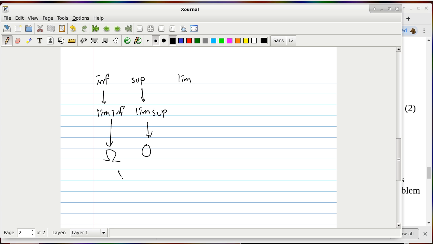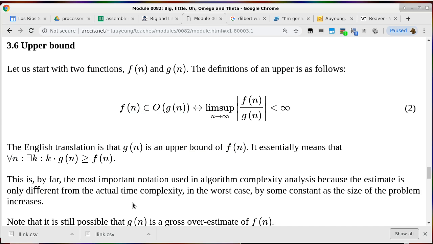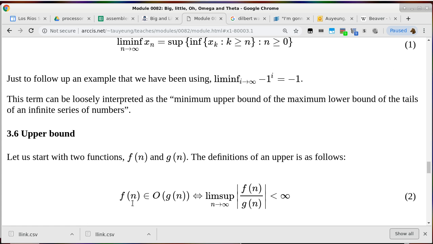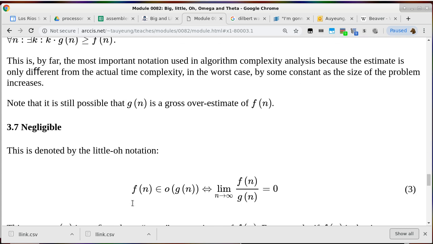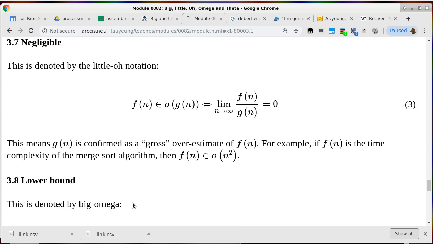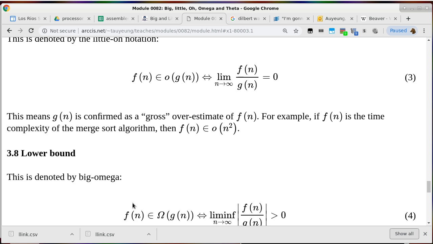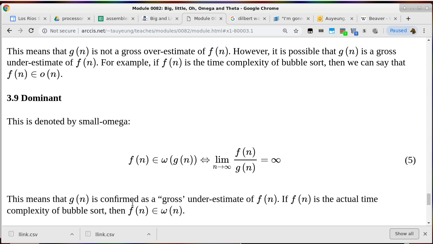When we have big omega and big O, they combine to big theta. Is that okay? And then little o, which is negligible, is based on limit, and the same thing for dominant.